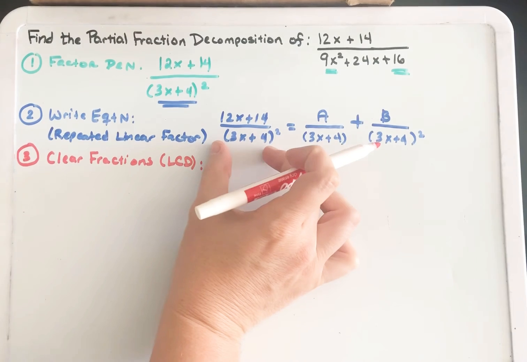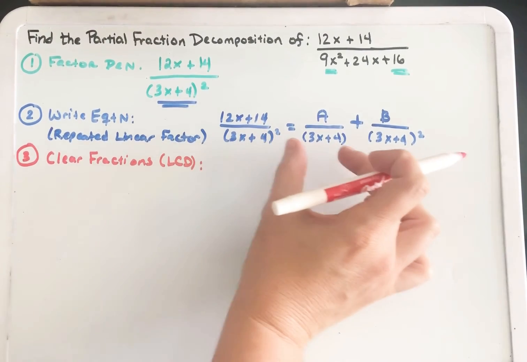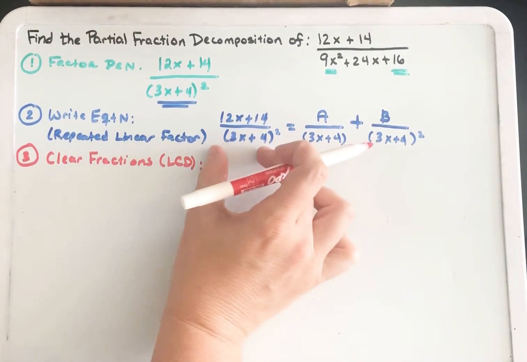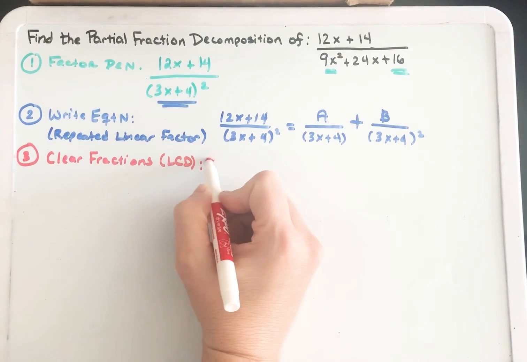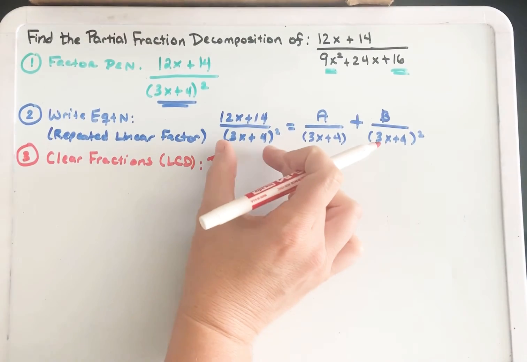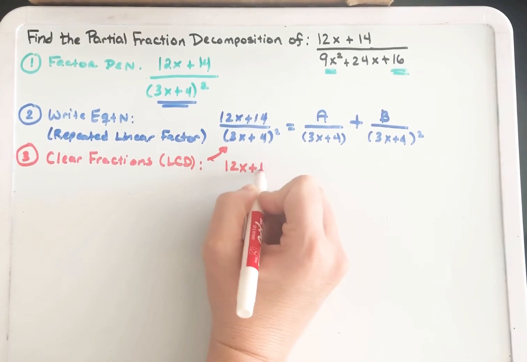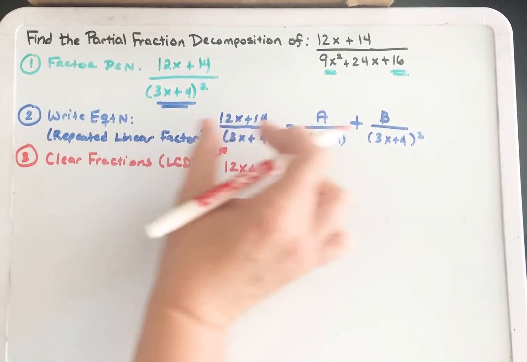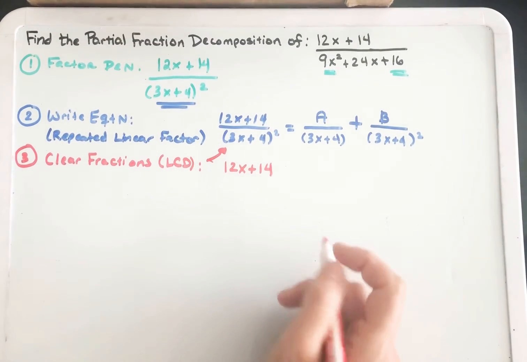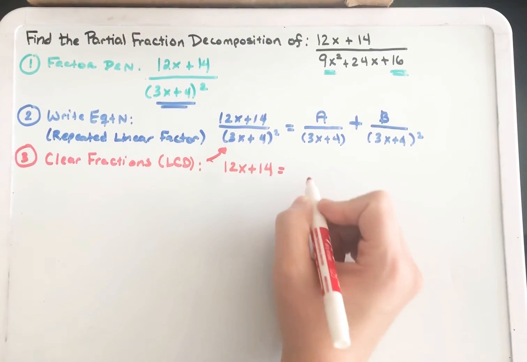So if you take that LCD of (3x plus 4) squared and multiply all terms on both sides by that LCD, the denominator here would completely cancel, leaving us with the numerator 12x plus 14. And feel free to write it out if you need to. Write that LCD next to each of them and watch the cancellation take place. It's a lot of nice algebra there.